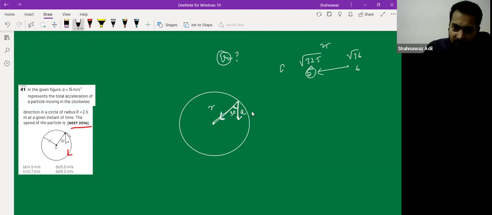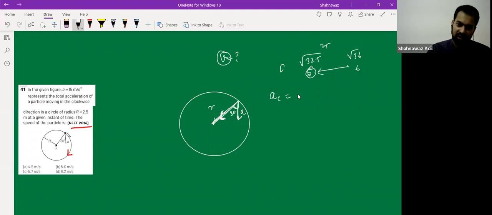We know the radial acceleration. Iram, can you recall what the radial acceleration is, which always points inwards to the radius of this circular motion? The centripetal acceleration, right?